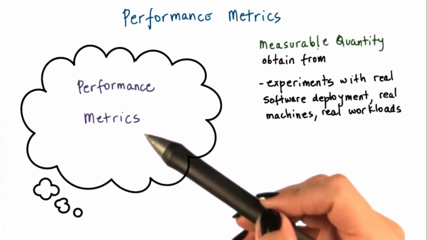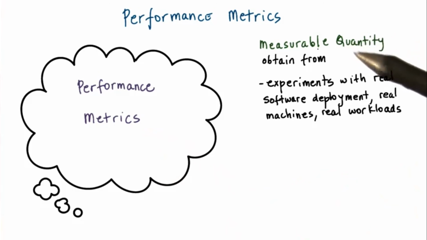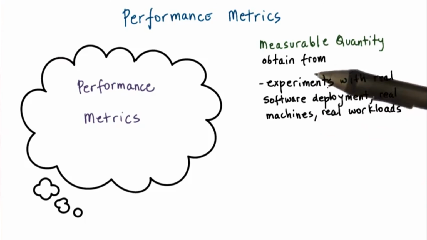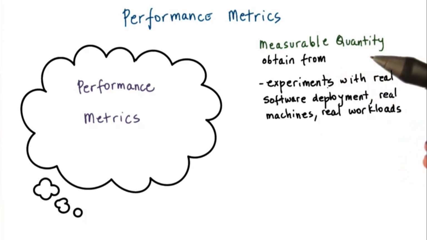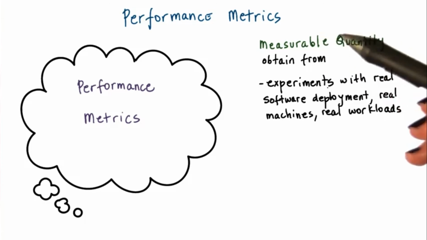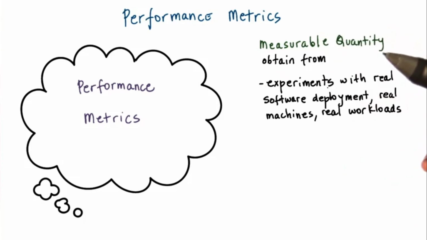Ideally, we will obtain these metrics, we will gather these measurements, by running experiments using real software deployments on the real machines using real workloads. However, sometimes that's really not an option. We cannot wait to actually deploy the software before we start measuring something about it or analyzing its behavior.